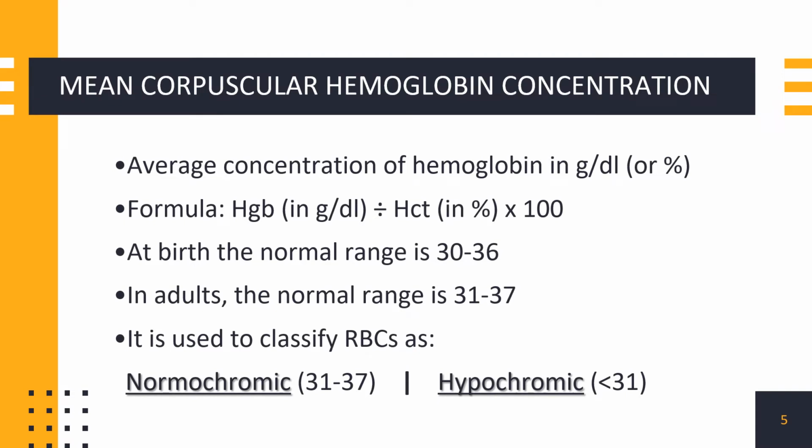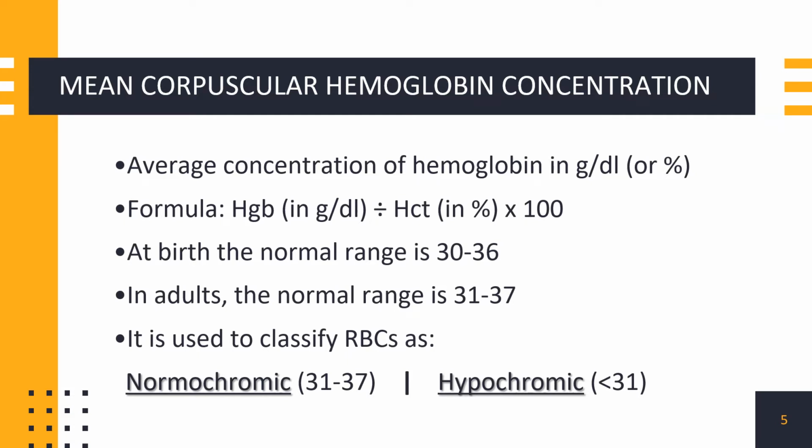The second red cell index is the mean corpuscular hemoglobin concentration, or the MCHC. It is defined as the average concentration of hemoglobin in grams per deciliter, or percent. The formula to arrive at the MCHC is this: hemoglobin in grams per deciliter divided by the hematocrit in percent multiplied by 100.